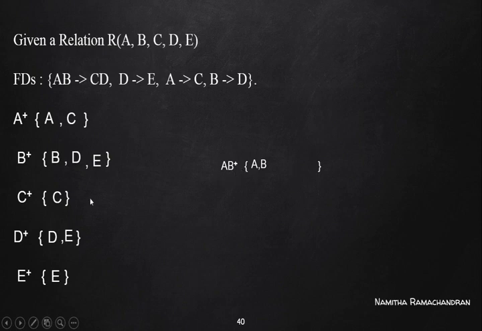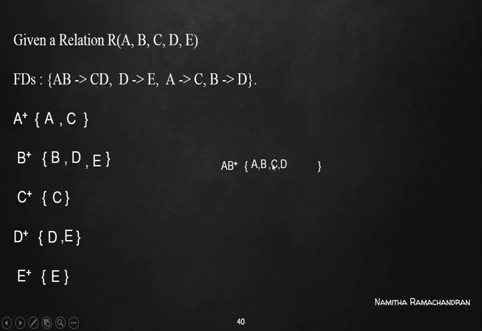In order to find out the closure set of this AB set, directly add these attributes to our resultant closure set first. So A and B are added here. Now check. Using this A and B, from this first functional dependency, it is clear that if we know A and B, we can identify the values of attributes C and D directly.